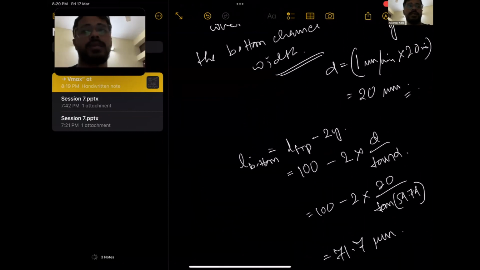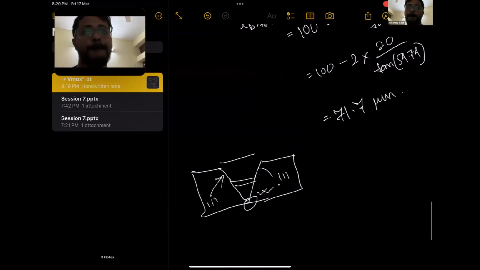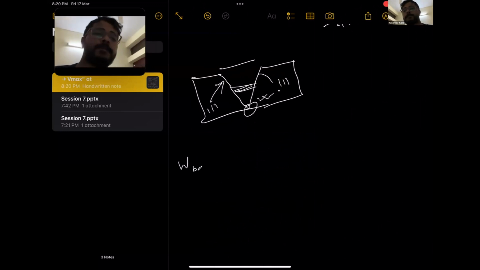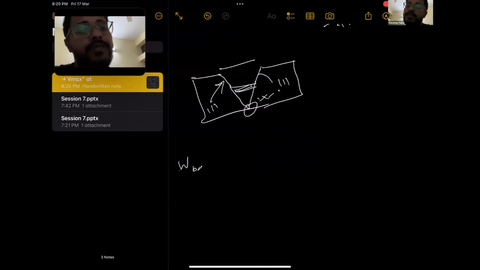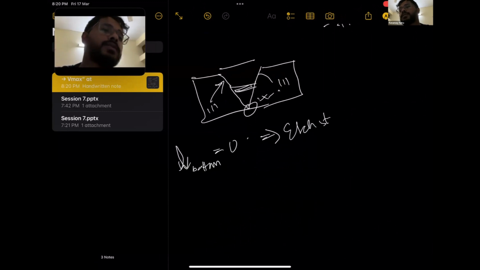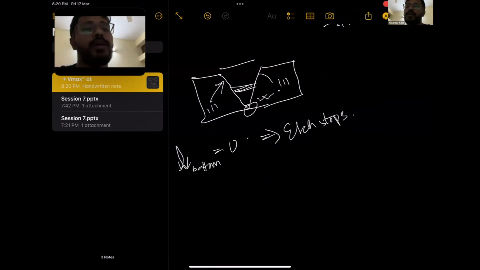When the width of your bottom channel, or you can say the length of your bottom channel, because we have used length earlier, becomes 0, that is the condition when etching stops.